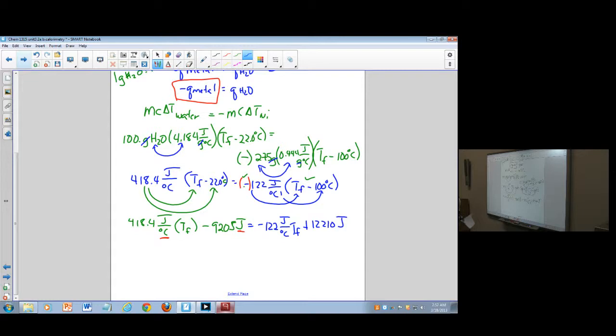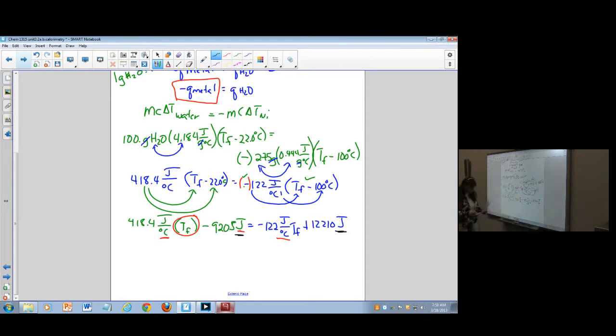We're almost there. Now in our distribution, we have a joule per degree Celsius and a joule per degree Celsius, both of them multiplied by a factor of final temperature. We have a unit of a joule and a joule.